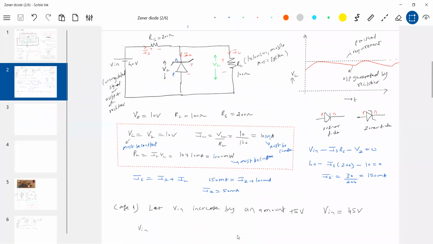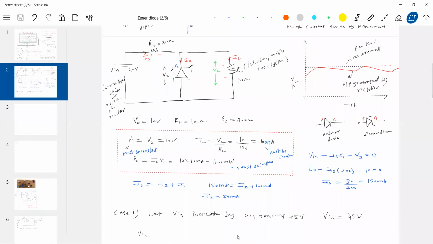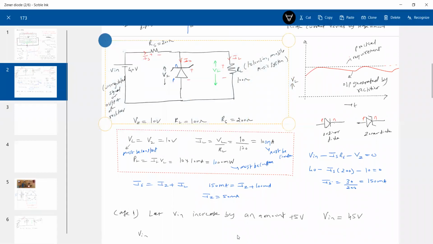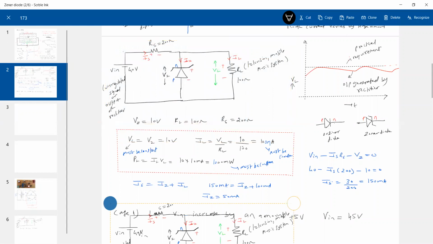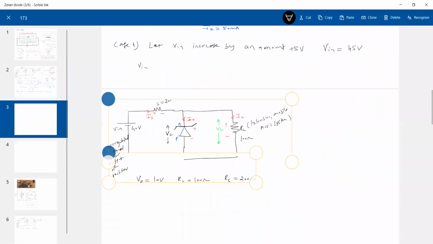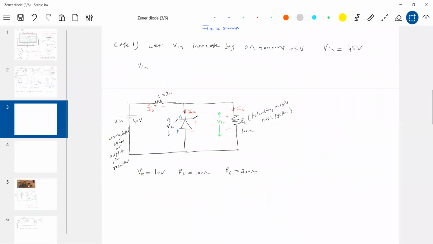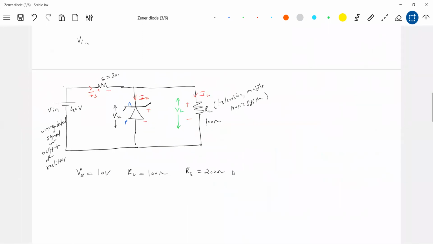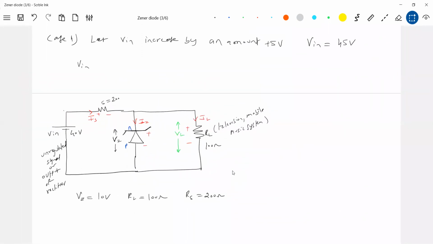Let Vin increase by... let me rearrange once again here. Let's take this case. So what is our case now? Vin increases by an amount.